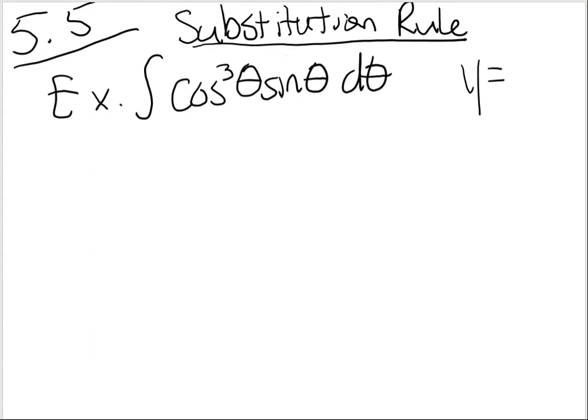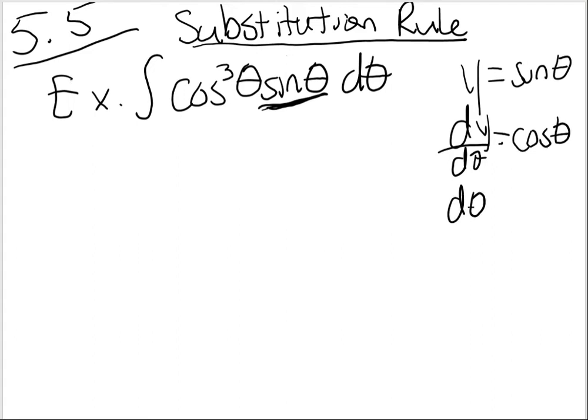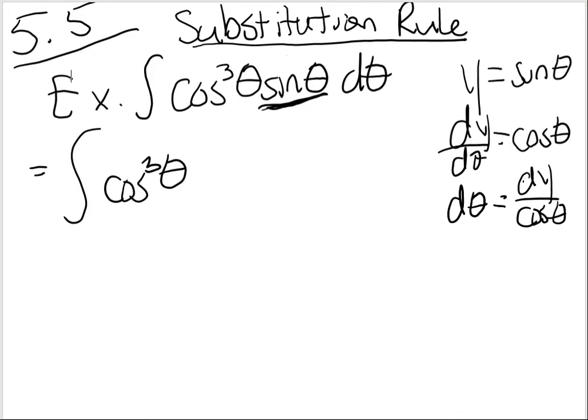Well, I have a sine theta, right? I could try sine theta. So then my dy d theta is cosine theta. So d theta is going to be dy over cosine theta. I could substitute times y times dy over cosine theta.